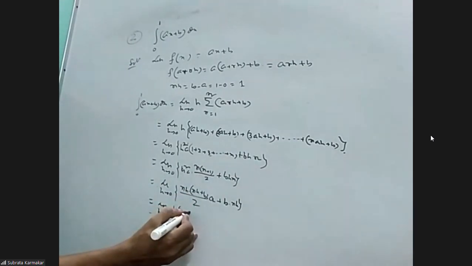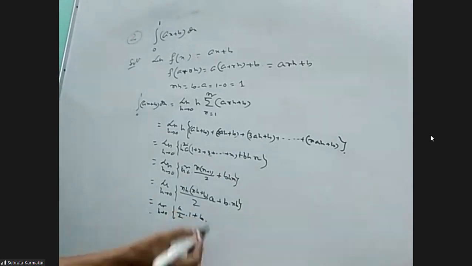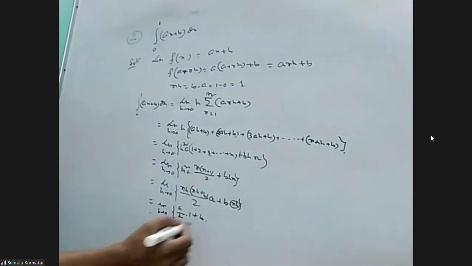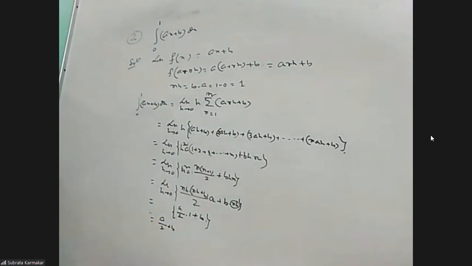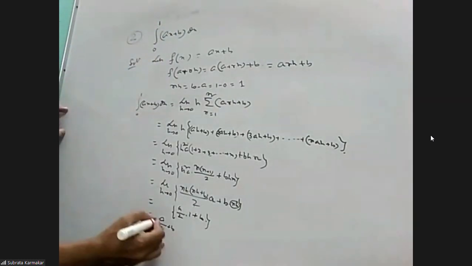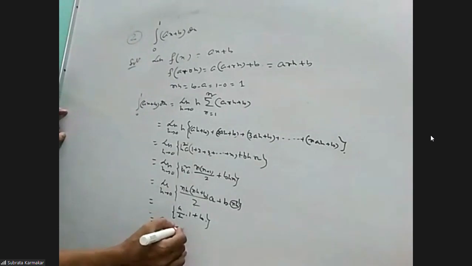So it will be a by 2 into 1, plus b, since nh is 1. Ultimately there is no need to put the limit h tends to 0 because I directly put it. So we get a by 2 plus b. You can check that by direct integration: a x square by 2 plus bx, then put the limits, and it is coming a by 2 plus b. That means your sum is correct. Answer: a by 2 plus b.